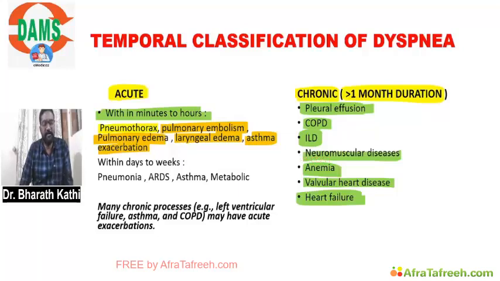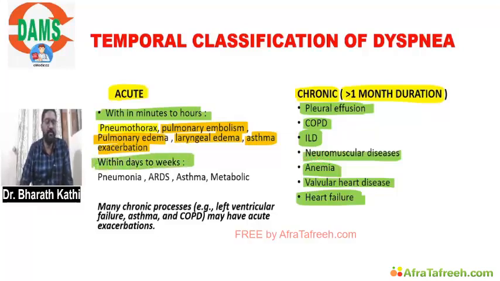Asthma exacerbation is not that difficult to identify. Within days to weeks, is there any infective illness such as pneumonia, any chance of ARDS, asthma or metabolic causes? Whereas chronic: pleural effusion, COPD, ILD, neuromuscular disorders, anemia, valvular heart diseases and heart failure.